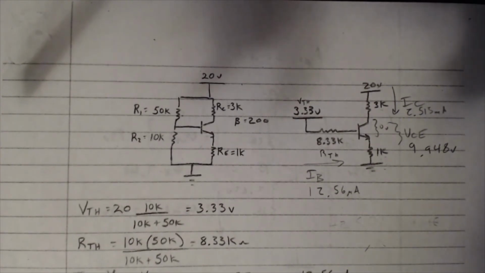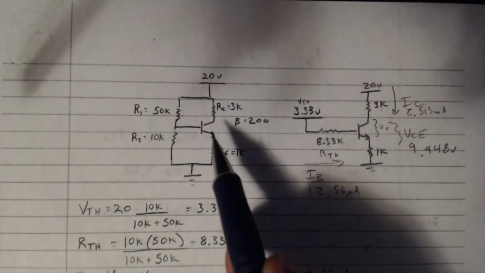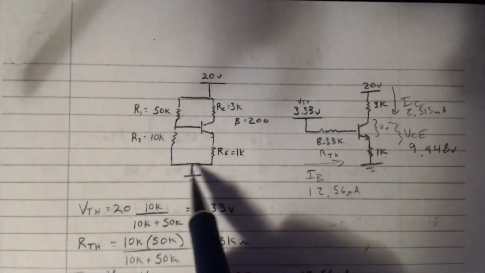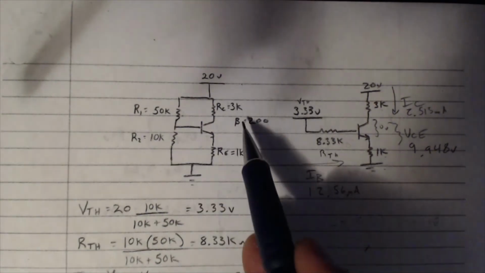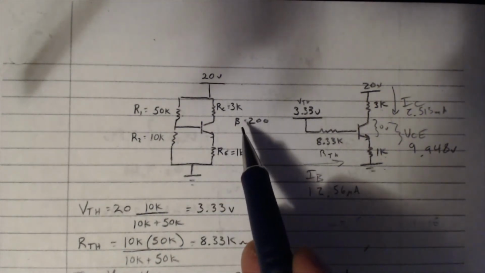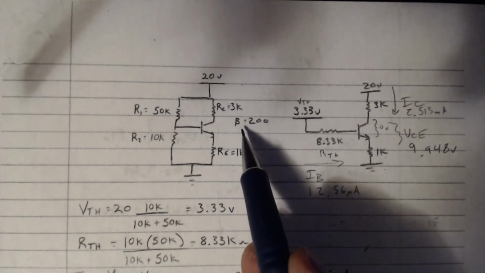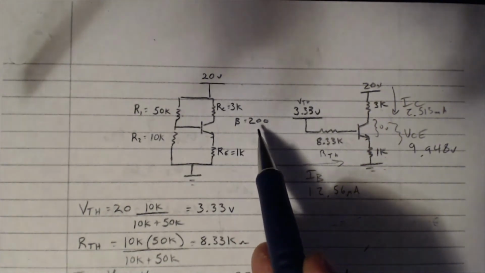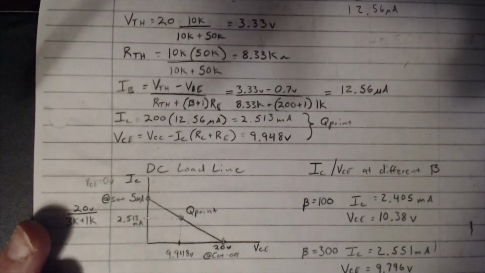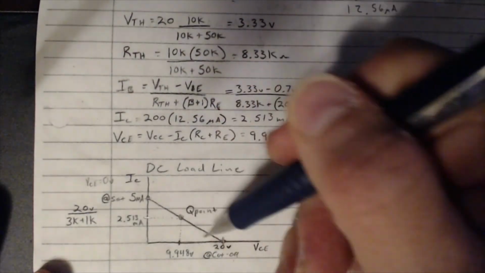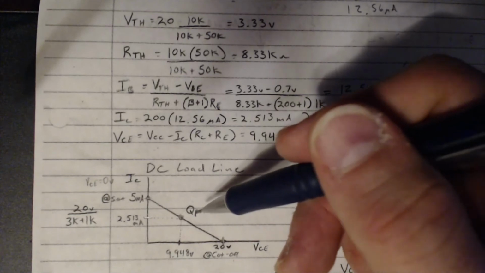So at the beginning of this lecture, I did mention that the whole point of this circuit is to compensate for changes in beta. In other words, what happens if beta is 100? What happens if beta is 200? Well, in the base bias circuit, this Q point would be all over the place with beta changing on us.